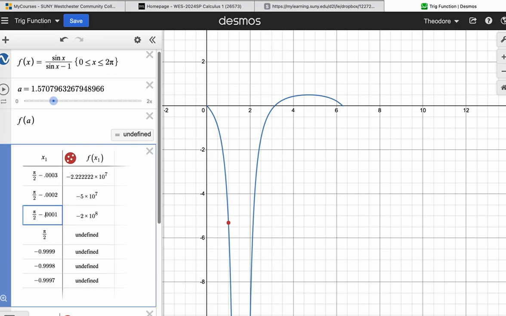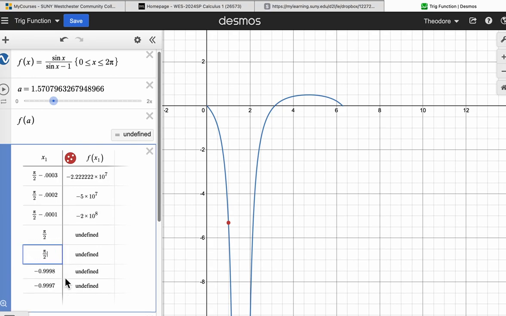All right. So this value right here is trying to say negative infinity. That's -2 with 8 zeros after it. So that's pretty extreme in the negative direction. And then we're going the other way. So pi over 2 plus 0.0001. Same deal.